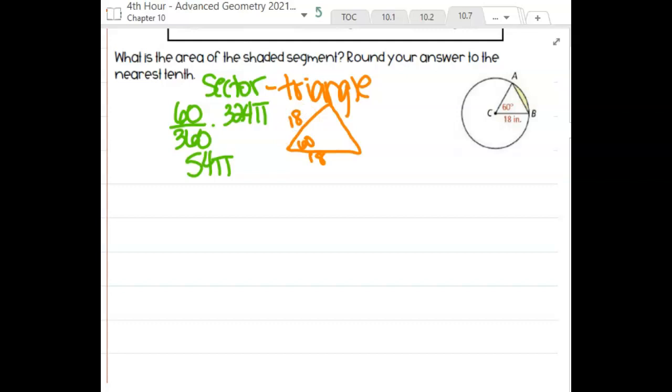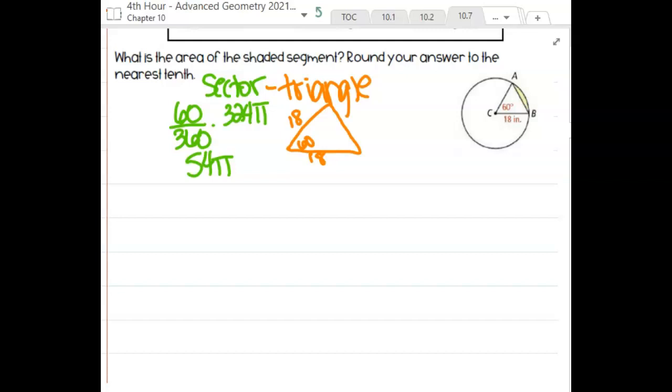Looking at that, what kind of triangle is that going to be? An isosceles. Well, let's look at it even closer. If it's an isosceles triangle, yes, the sides are congruent, but we also learned that the opposite angles are congruent. So these two angles are congruent. If you have a triangle with one angle that is 60, and the other two angles are congruent, what would those angles have to be?